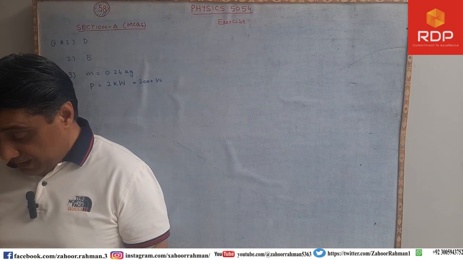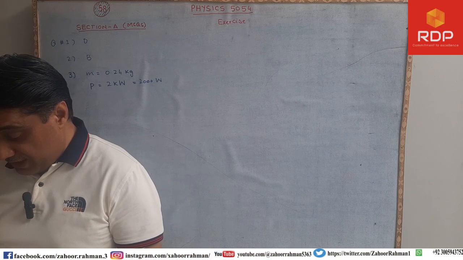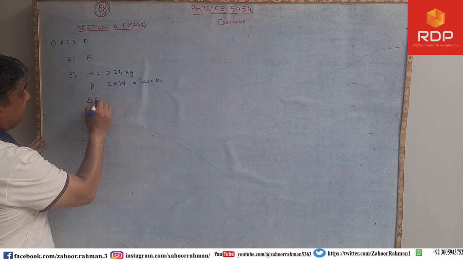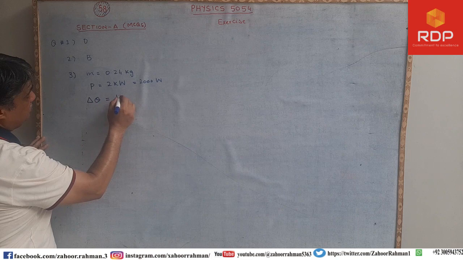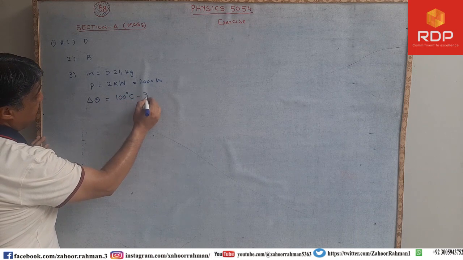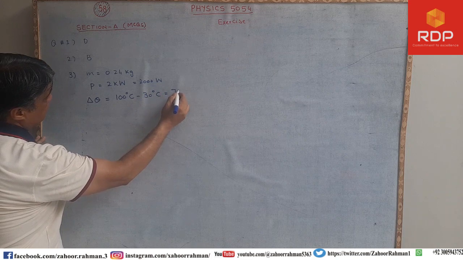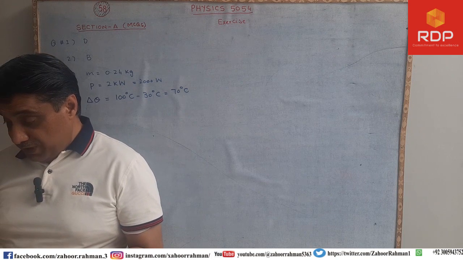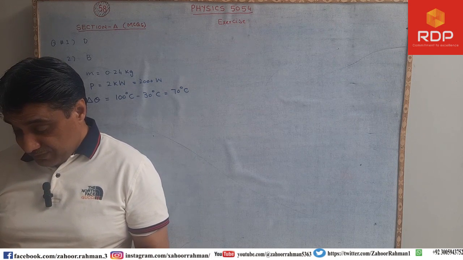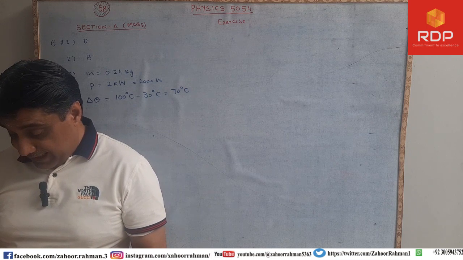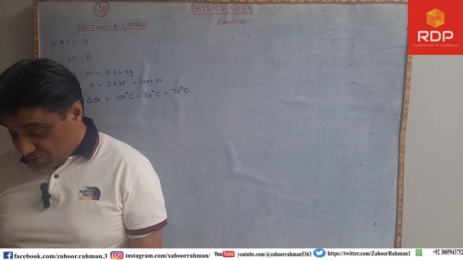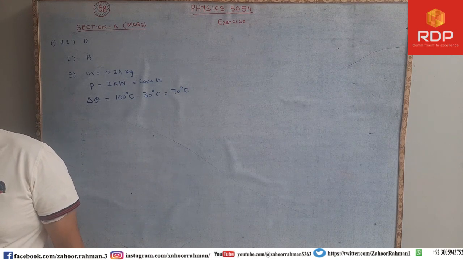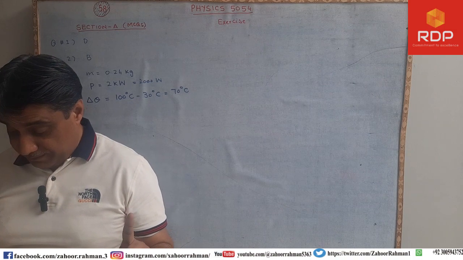Further, a temperature increase from 30 degrees Celsius to 100 degrees Celsius. So we have to write delta theta is equal to 100 degrees Celsius minus 30 degrees Celsius, which is equal to 70 degrees Celsius. So we have this data and they are asking us for the specific heat capacity of brass.